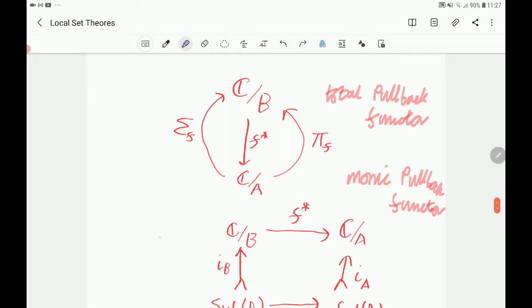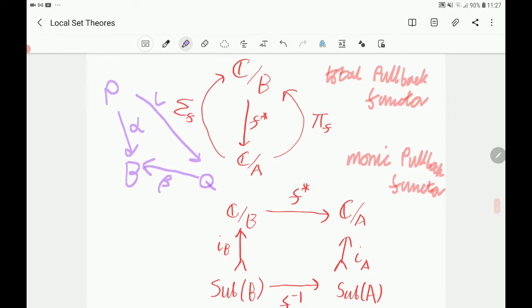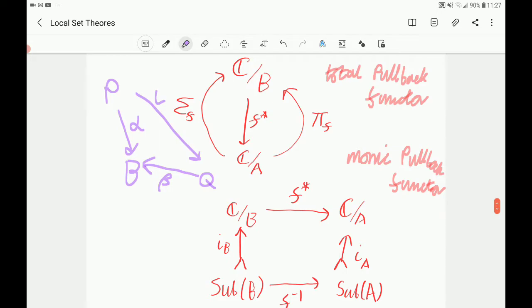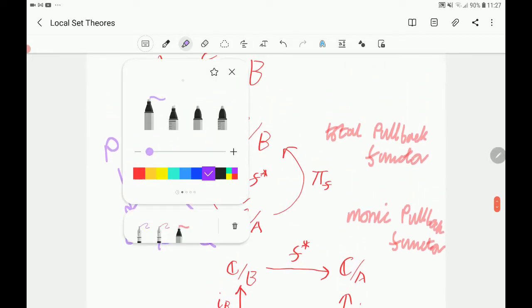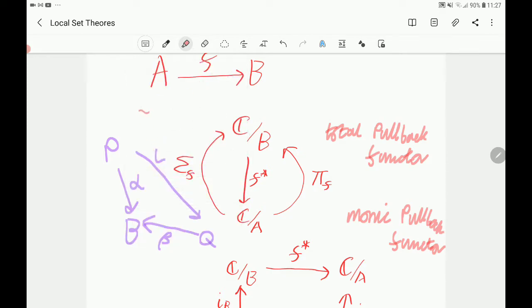So let's draw it. There's an arrow l from an object alpha to an object beta in C slice B. And then we have this arrow f from A to B. And then what we can do is just pull all this stuff back along f.